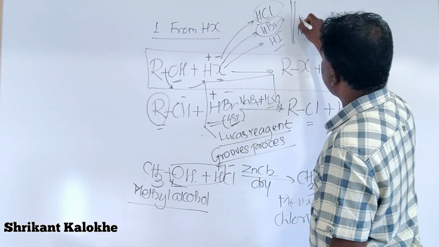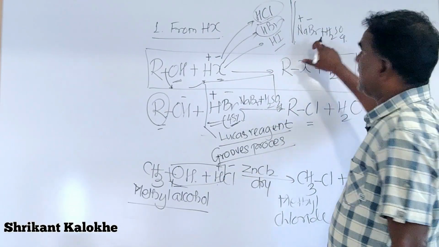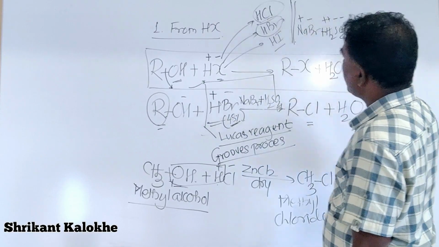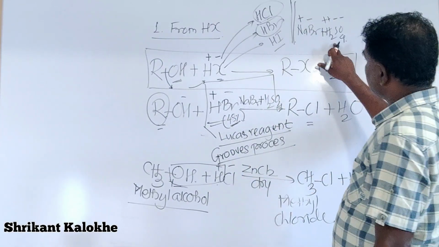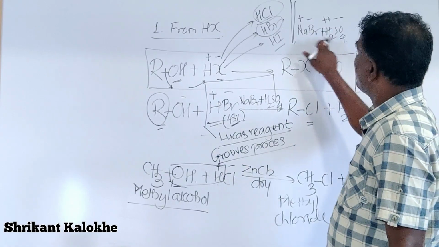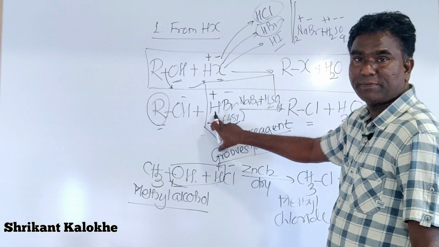As you know, sodium bromide dissociates into Na plus and Br minus, and H2SO4 dissociates into 2H plus and SO4 minus minus. In this case, 2H plus are coming out from this H2SO4. We need 2Br minus to combine and form HBr.